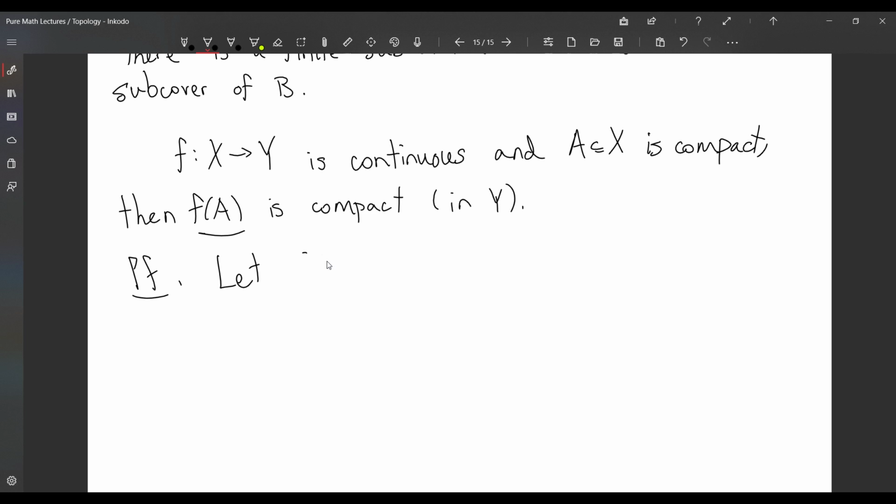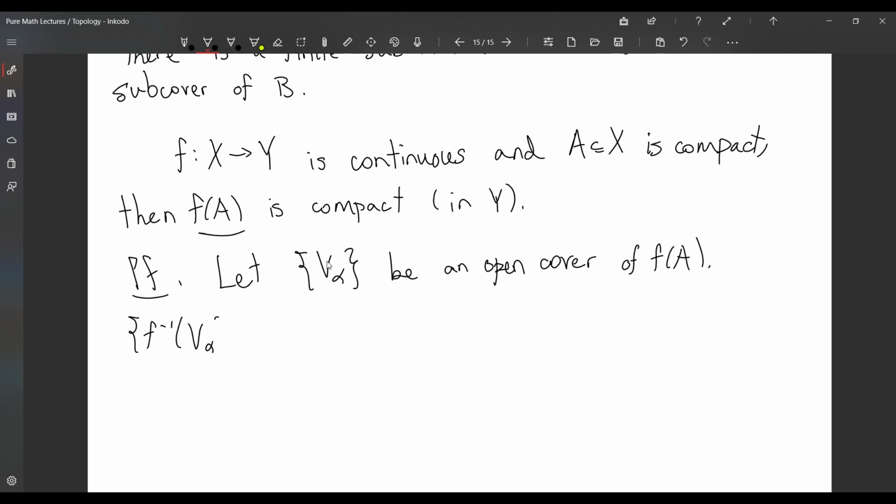I'm going to use V sub alpha since we're working with the topology on Y. So let V sub alpha be an open cover of f of A. And then I believe all you have to do is argue that the collection of f inverse of V sub alpha is an open cover of A. Of course, since f is continuous, we know that each of these is going to be open.